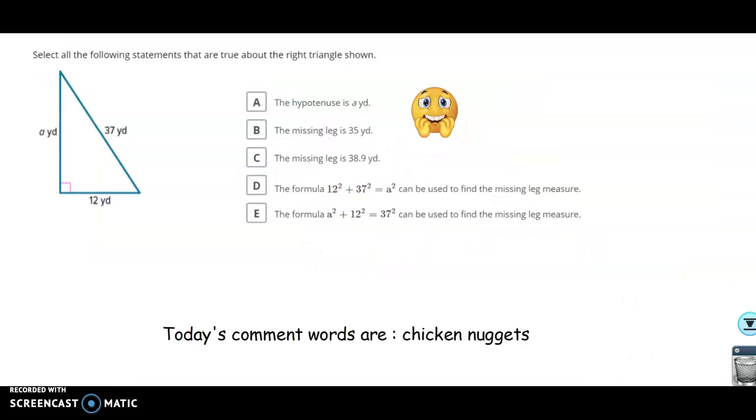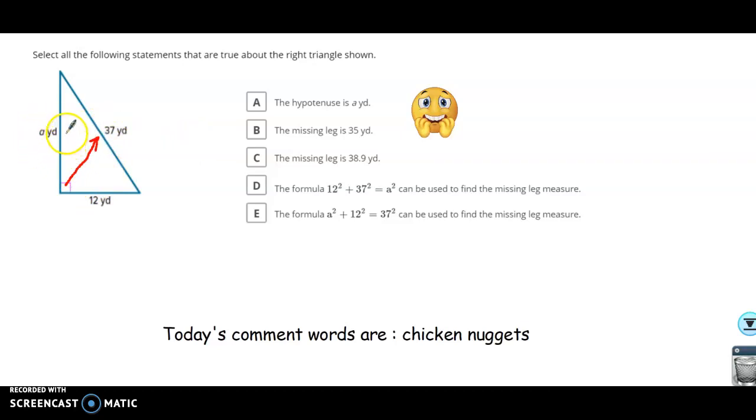All right. And the last problem, this one is kind of a scary one. That's why I have the scary emoticon here. We are missing a leg here, and it looks like we are going to have to figure out what the missing leg is, because you see they've given you these two numbers here. So let's see, the hypotenuse is a yards. Well, the hypotenuse is the side across from the right angle.